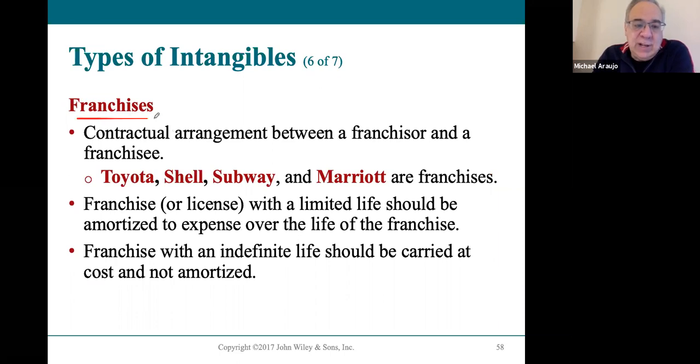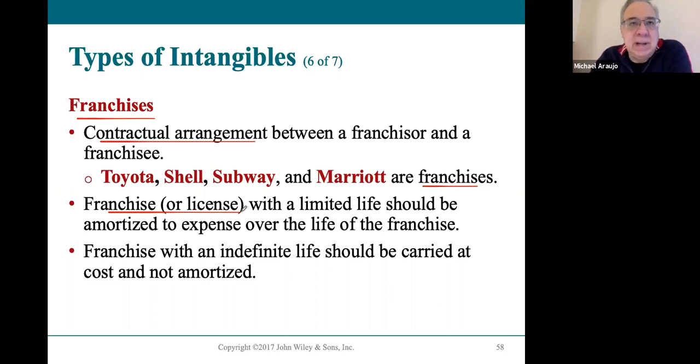So a franchise, again, it's a contractual agreement. And a lot of companies are franchises, okay? This license is usually for a limited period of time. The contract usually expires, I think, for McDonald's, after 20 years.